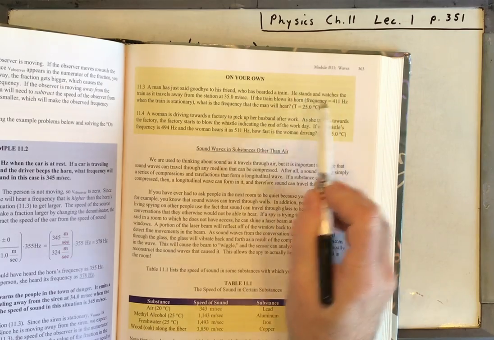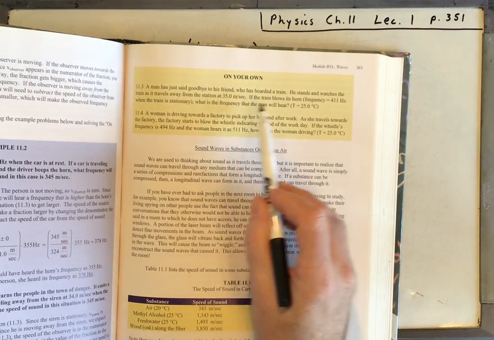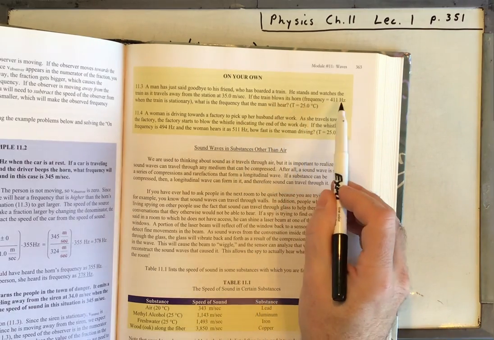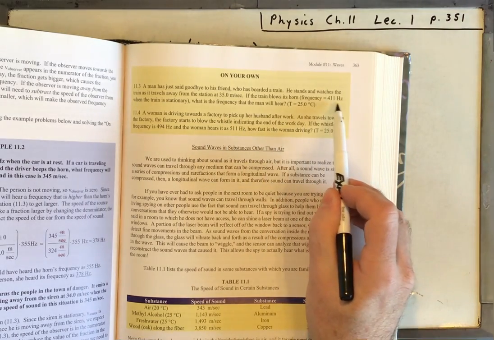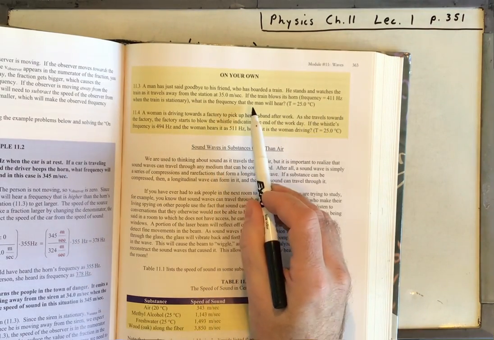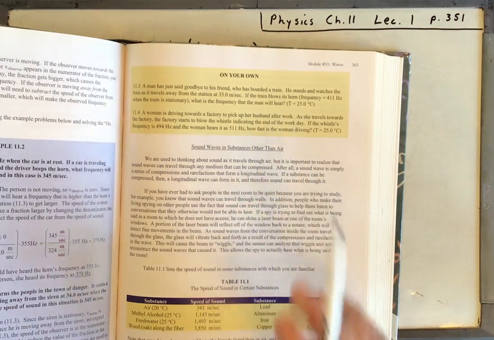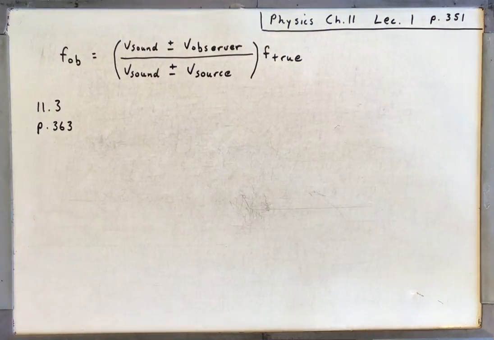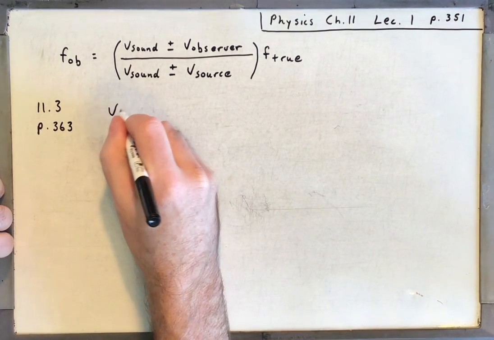He stands and watches the train as it travels away from the station at 35 meters a second. If the train blows its horn with a frequency of 411 hertz when the train is stationary, that's the true frequency, what's the frequency that the man will hear? What's the observed frequency? And we have a temperature of 25 degrees C. So first of all, we have to figure out the velocity of sound.